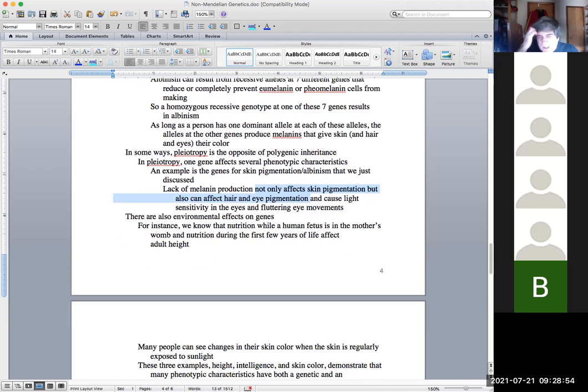Another example of pleiotropy is something called polydactylism. Poly again means many, and your dactyls are your fingers, your toes. So in polydactylism, people have extra fingers and extra toes. A few years ago, there was a pitcher for the Chicago Cubs named Al Fonseca, and he had a sixth finger.